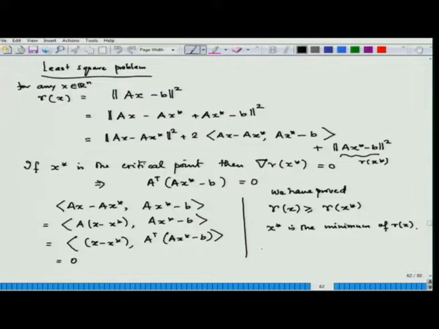In fact, all critical points should satisfy this equation. So, these are sometimes called normal equations.